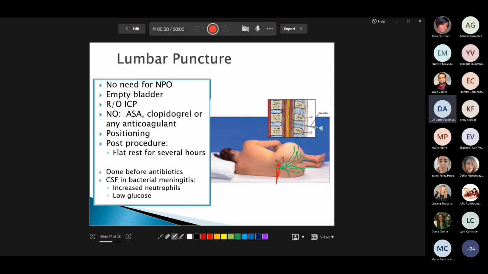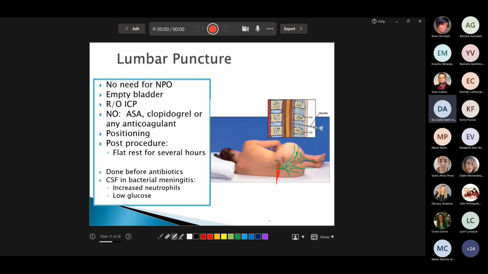They are going to introduce the needle only to pierce the dura mater and obtain the liquid. So there is low risk of piercing the nerves. It is a safe procedure.